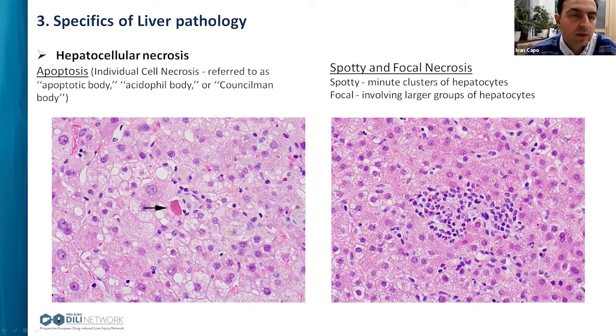Spotty or focal necrosis actually represents small clusters of hepatocytes or some larger groups of hepatocytes. And in this histology pattern, we usually see a very intensive inflammatory reaction, like here in this picture, which is usually composed of inflammatory infiltrates, composed of plasmacytes, lymphocytes, or, as we can see here, eosinophilic cells.